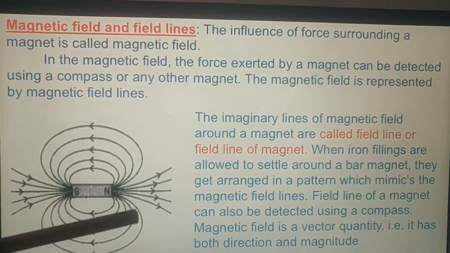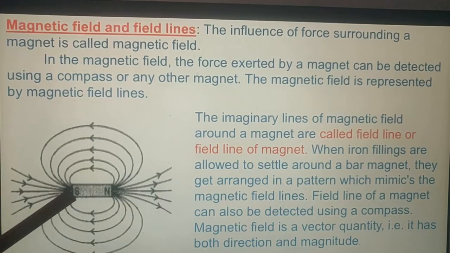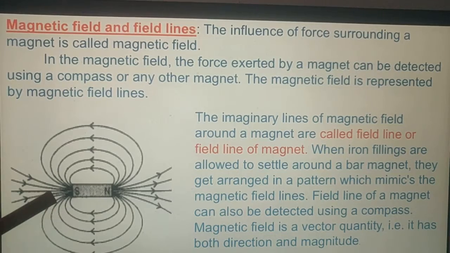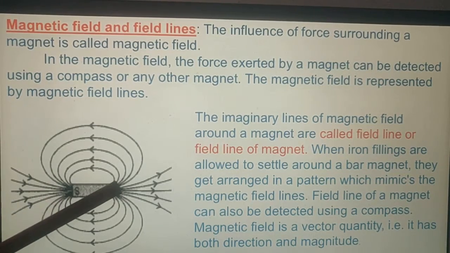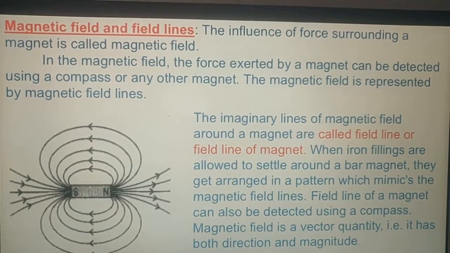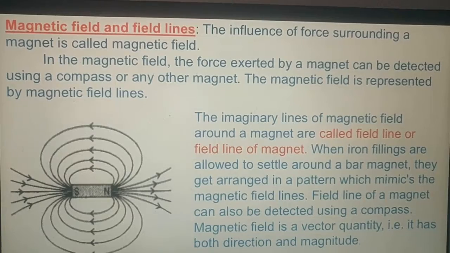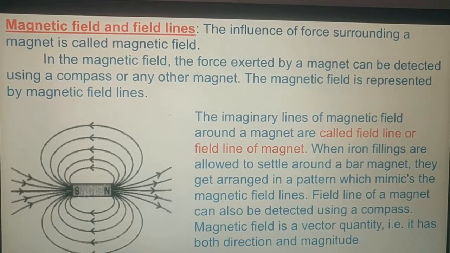These are the magnetic field lines. They originate from north going towards the south outside, and inside the magnet they are from south to north. So the imaginary lines of magnetic field around a magnet are called field lines or field lines of a magnet.